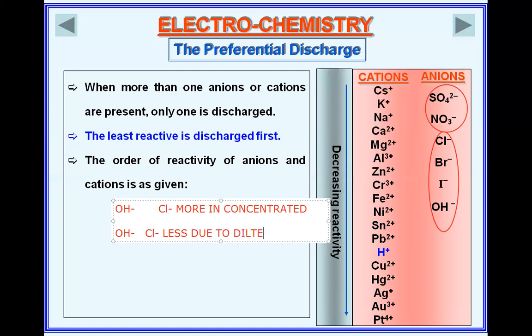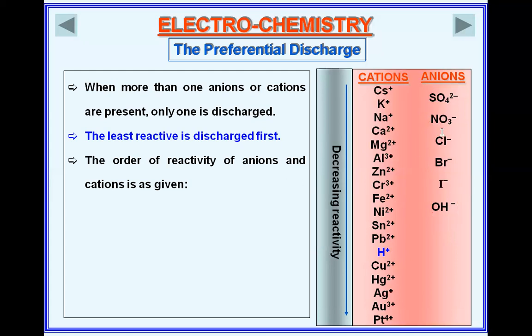So they have a smaller number of ions in the solution than OH ion. At this time, hydroxide ion must travel towards the anode. As a result, oxygen gas is produced. So anions can be discharged preferentially, but it depends upon their concentration. Without concentration, they cannot be discharged at all.